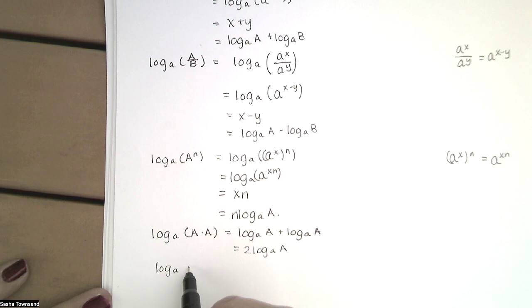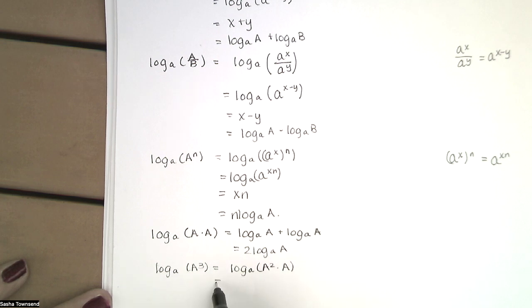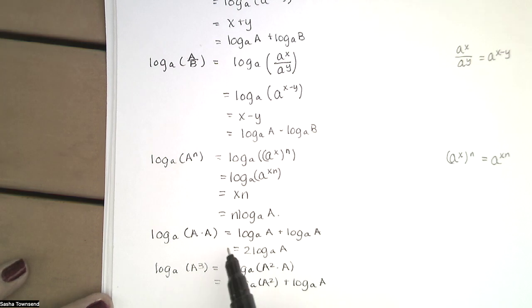What if I had log of A cubed? That's going to be log of A squared times A. So we'll have log of the first factor plus log of the second factor. But the log of the first factor, the log of A squared, was 2 times log of A. So now I've got 3 of them.